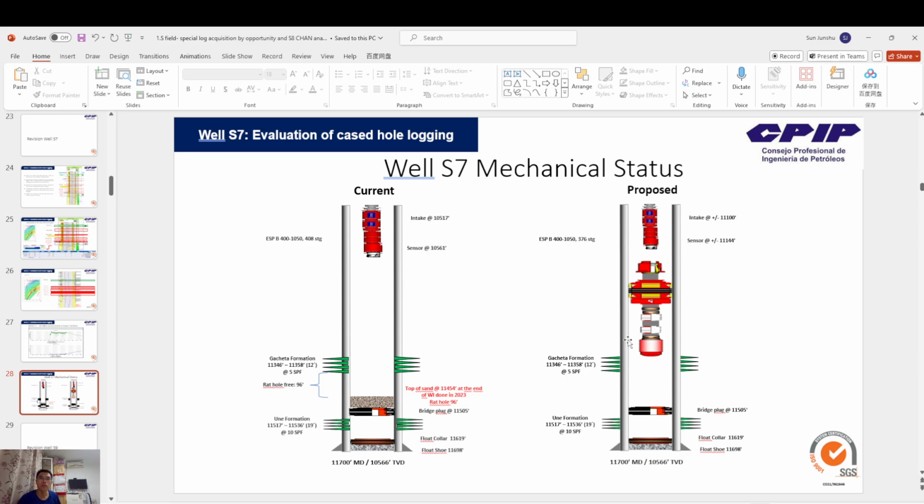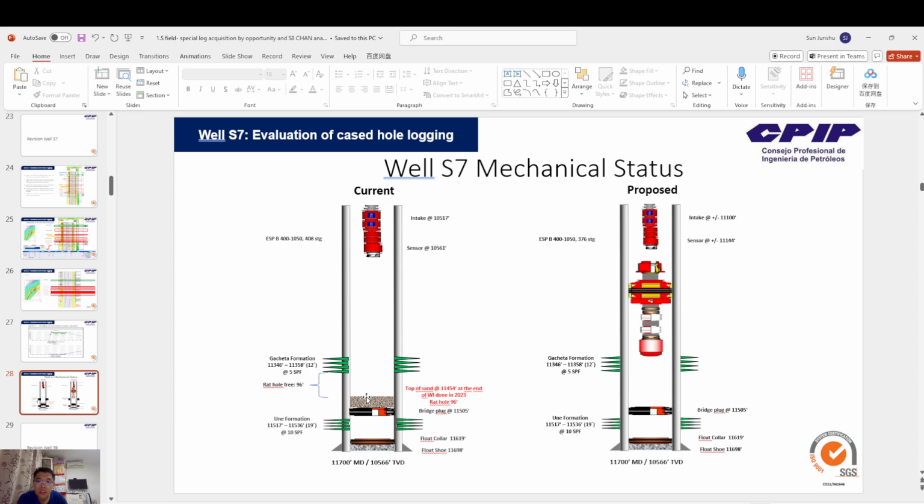This is the well mechanical status currently produced. Open the interval is this part, and here is the bridge at 11,505 feet.